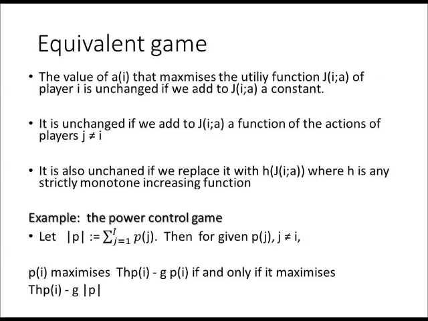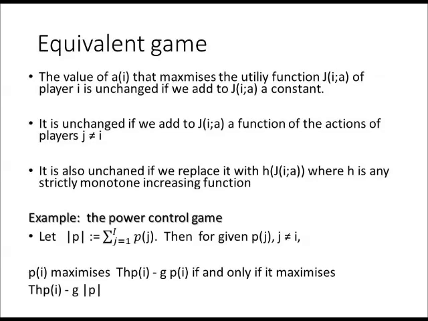In fact, it is unchanged even if we add to J_i(a) a function of the actions of any other player than i. It is also unchanged if we replace the utility for player i by any strictly increasing function of that utility.